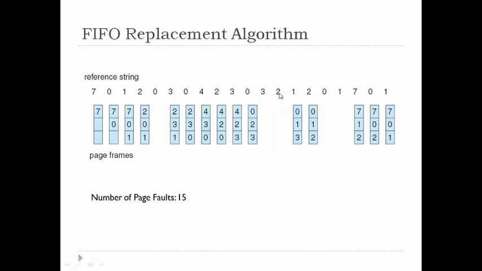Which came first? We have 2, 3, 0. We are inserting 1 in the place of 2. So we have got 0, 1 and 3.